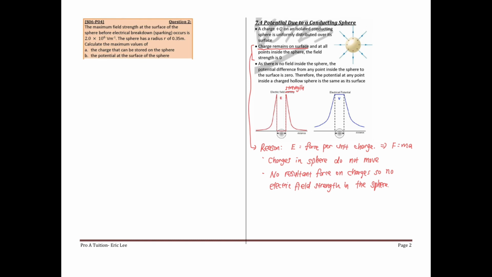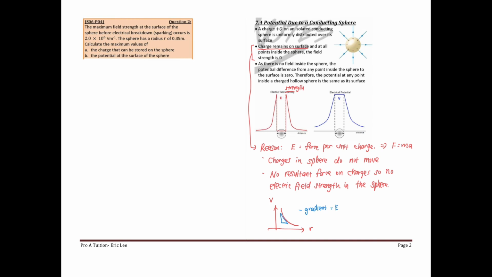If you still remember from just now, page 1, if I have V versus R, the graph is like this. If I draw one side only, it's like that. We discussed the gradient already: negative gradient is equal to E.